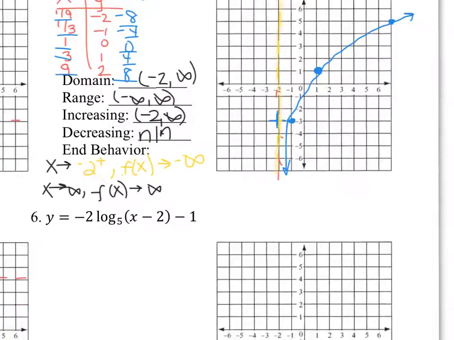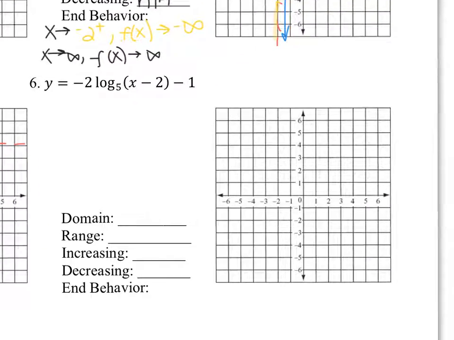So let's now go do number 6. I'm going to go right 2, down 1. That's my new origin. I now have a vertical asymptote at x equals 2. Now I'm going to make my table using x equals 5 to the y power. 5 is my base, so that's why it's 5 there.